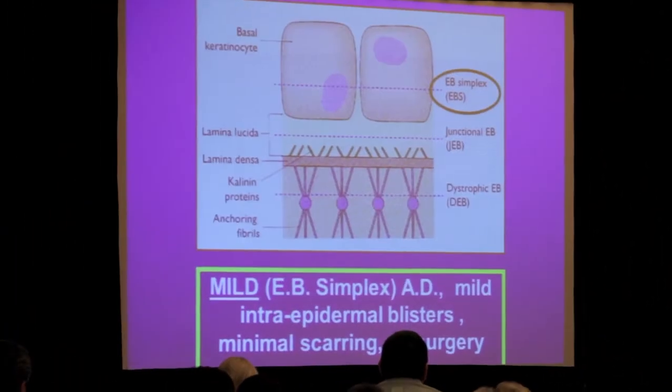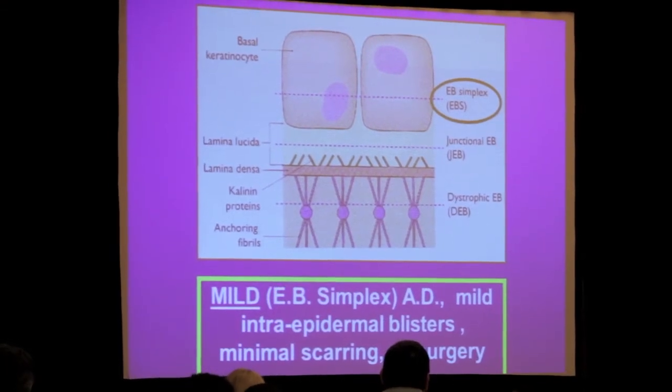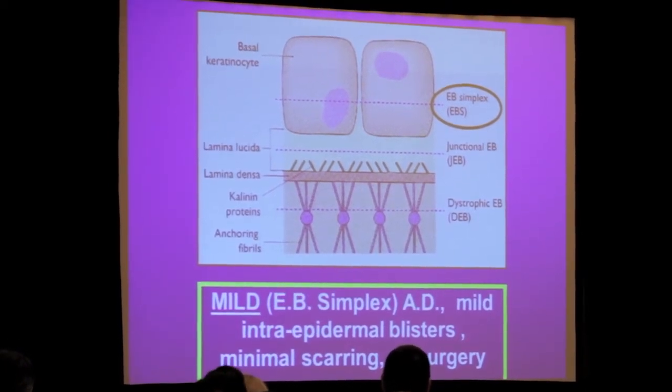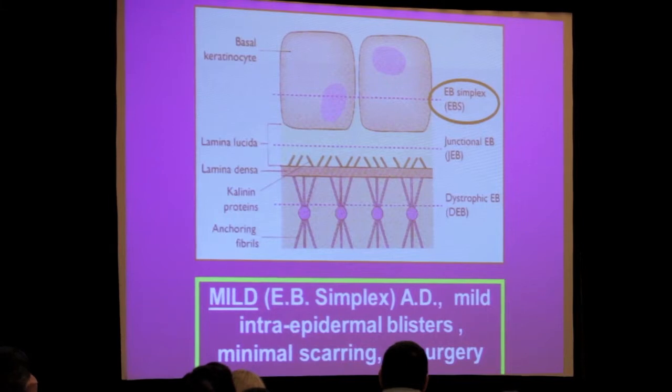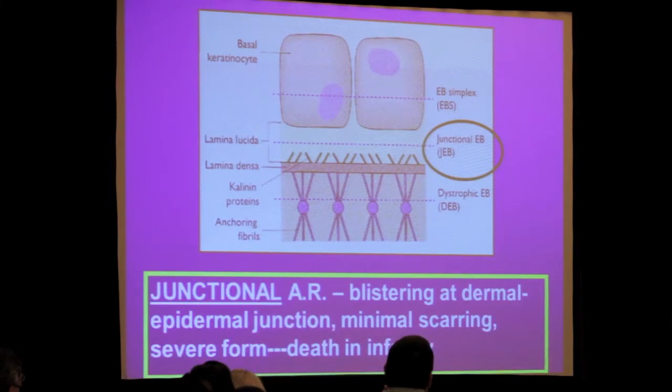So first, as you've already heard, and very simplistically, there are basically three large categories of EB. The first, generally mild, is epidermolysis bullosa simplex, which involves lysis in the epidermal layer of the skin and usually results in minimal scarring.